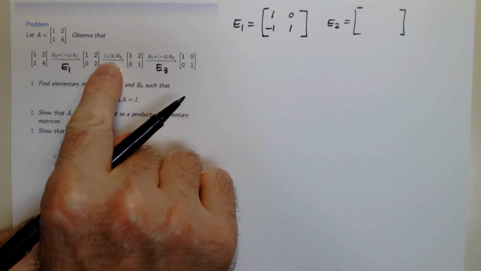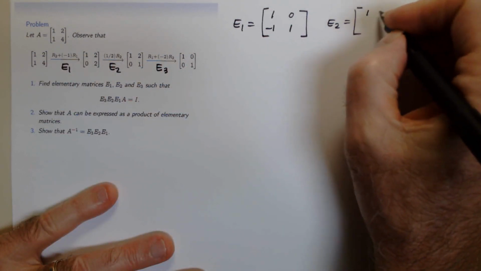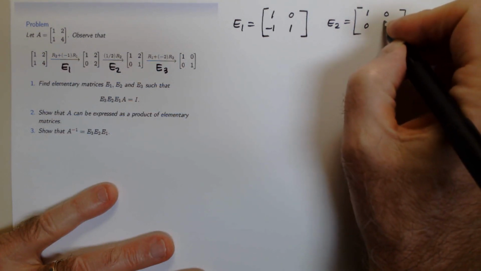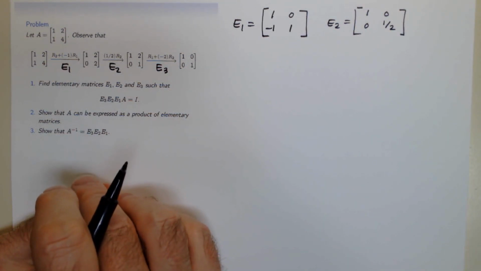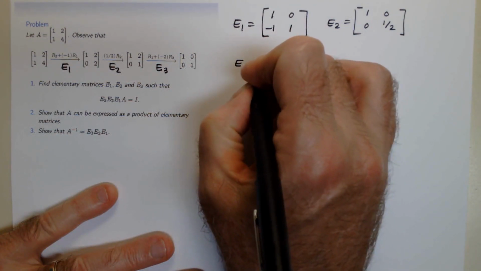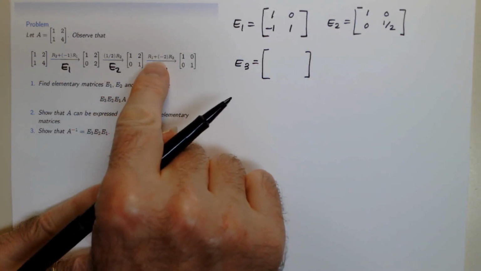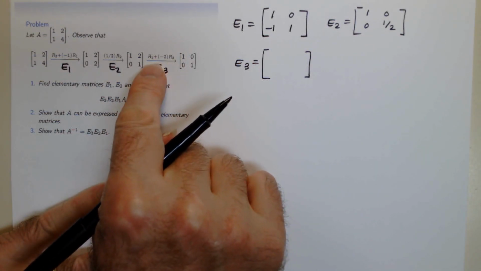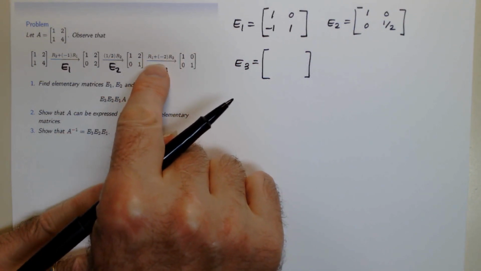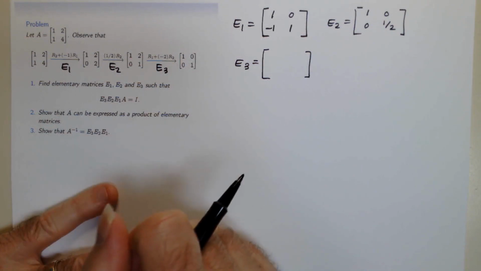E2 is going to correspond to applying that row operation to the identity. So we're scaling row 2 by 1/2. So row 1 is the same, but row 2 changes by that scaling. And then finally, E3 is going to be what obtains from taking the identity matrix and applying this step. So we're taking a -2 times the second row and tacking it onto the first row.